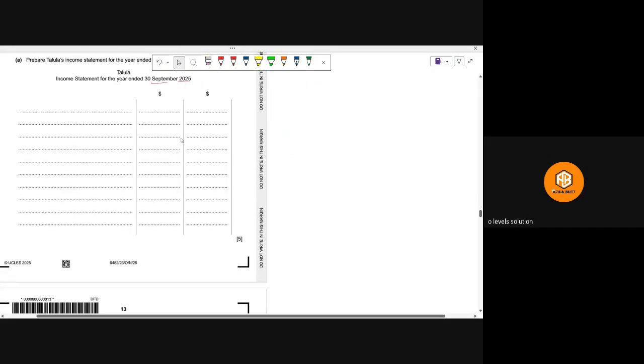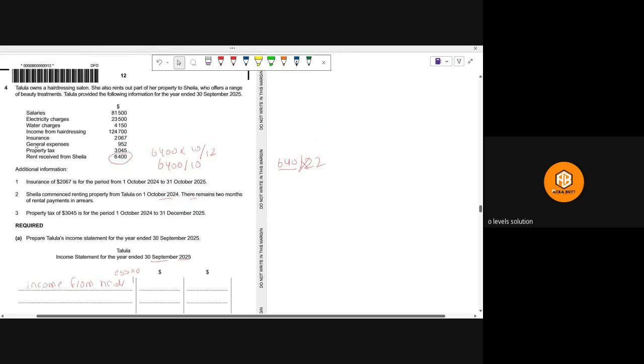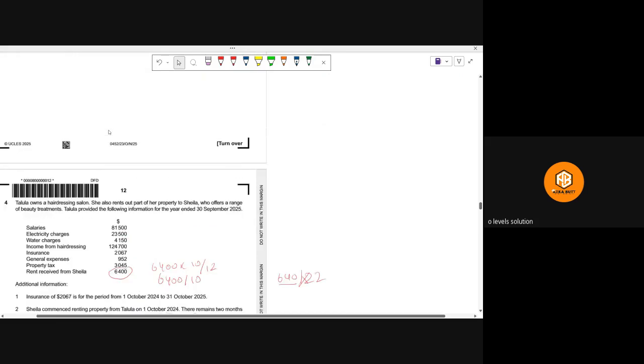First of all, let's write the incomes. In the income, we have the three incomes. First, income from hairdressing, that was 124,700.